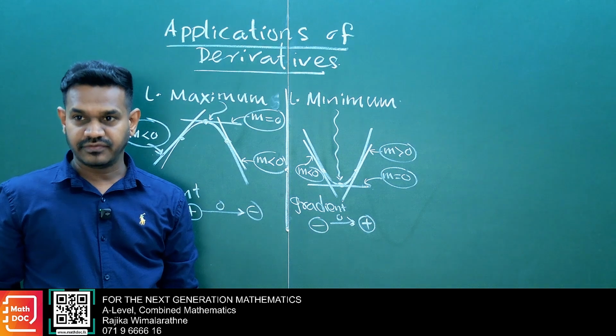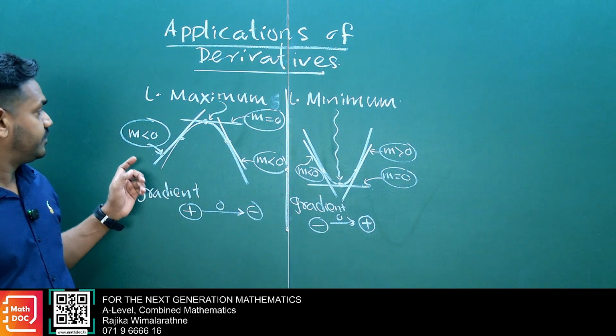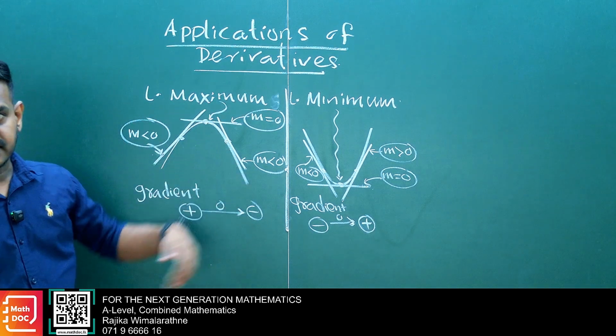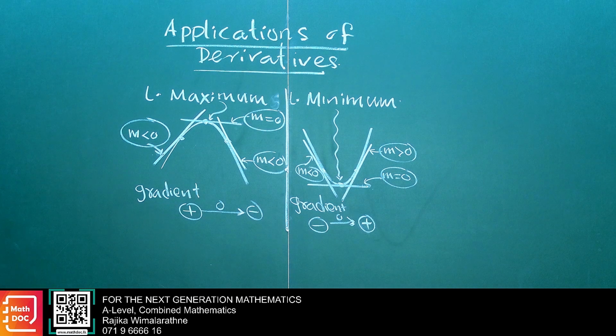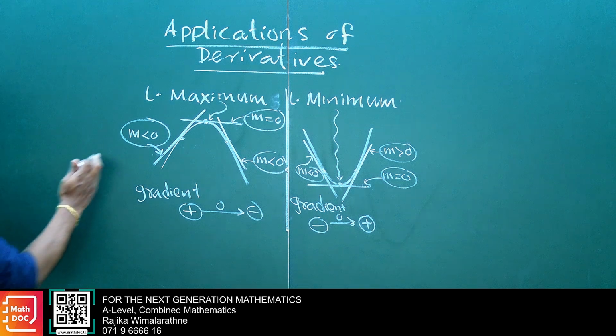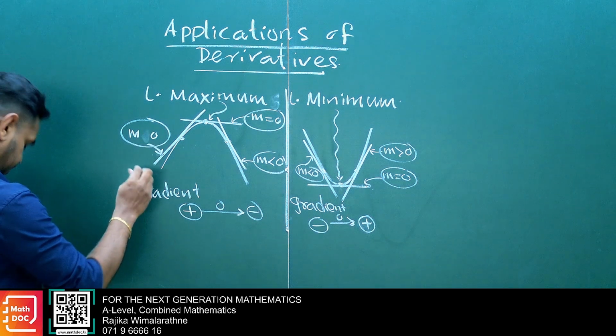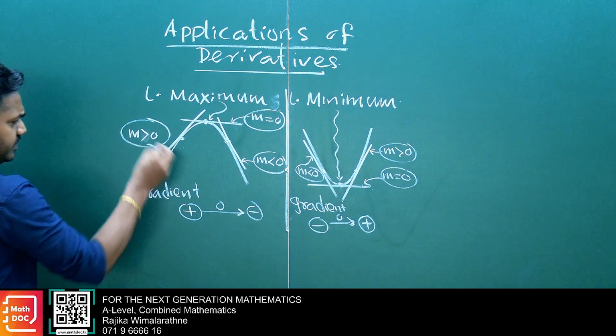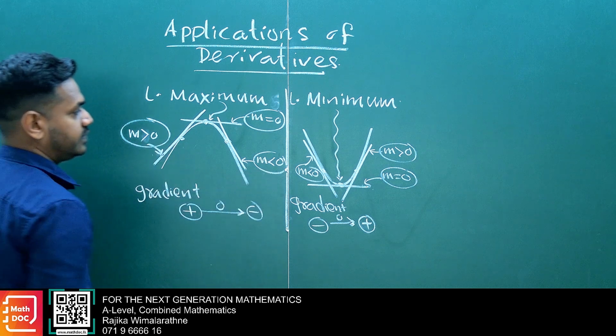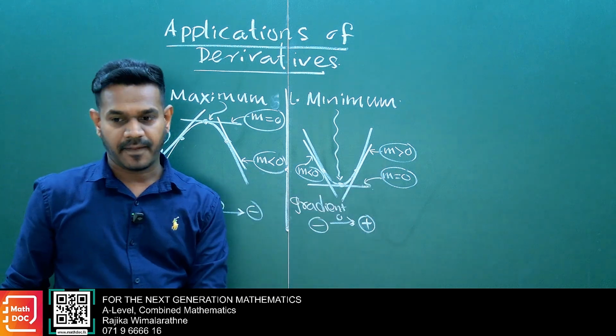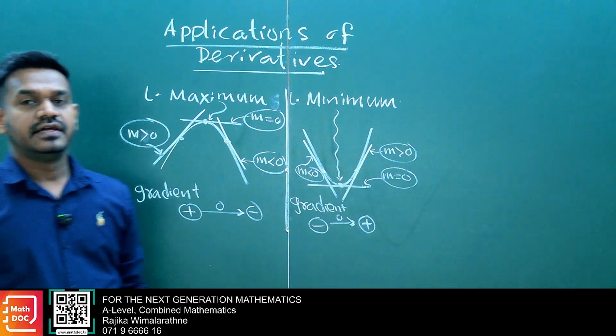That's how we analyze. Increasing, decreasing. Here gradient positive, positive, negative, negative, positive. Okay, write down.